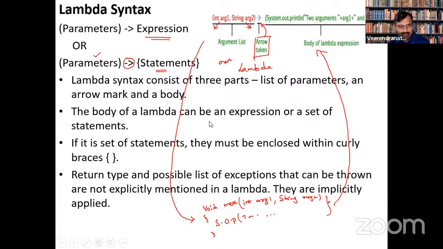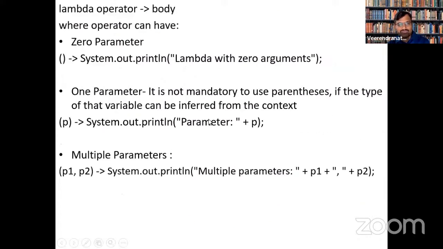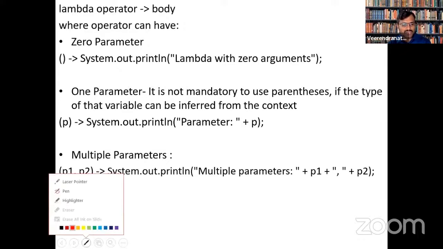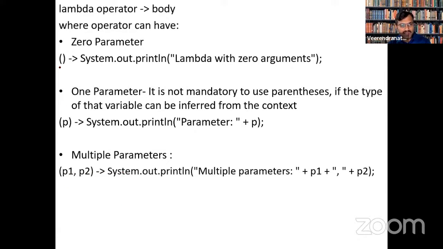Right. So now let us look at how we can manage the lambda expressions, or the lambda anonymous functions, with zero parameters, with one parameter, and with multiple parameters. When I'm saying zero parameters, you don't have to put anything under the brackets, or you can say parentheses.